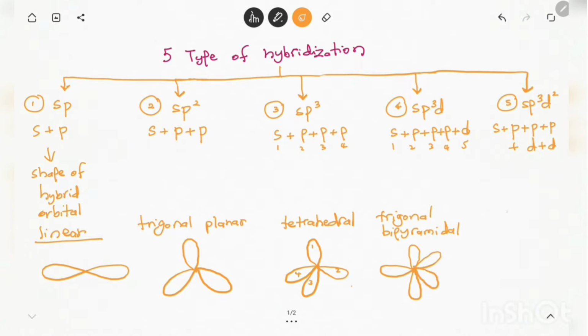And the last one is octahedral for sp3d2, which is the combination of 6 orbitals. So we need to have 6 lobes in octahedral shape. 1, 2, 3, 4, 5, 6.